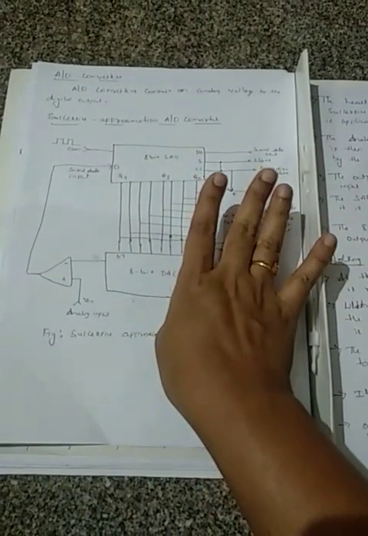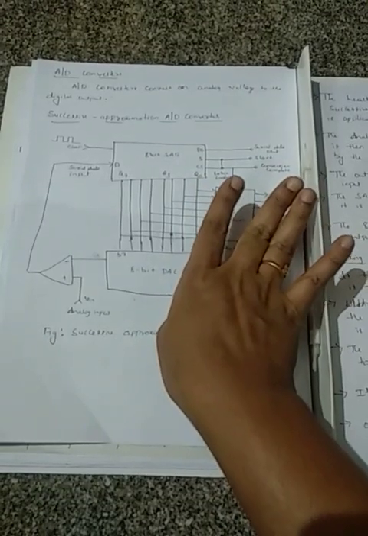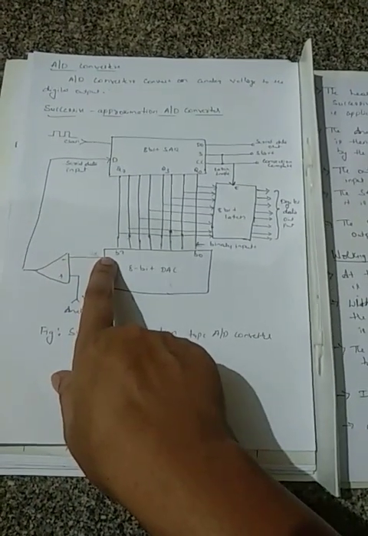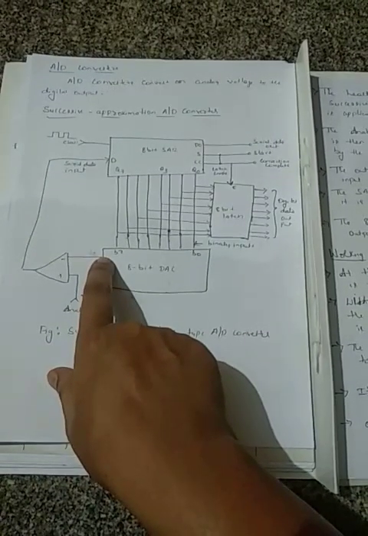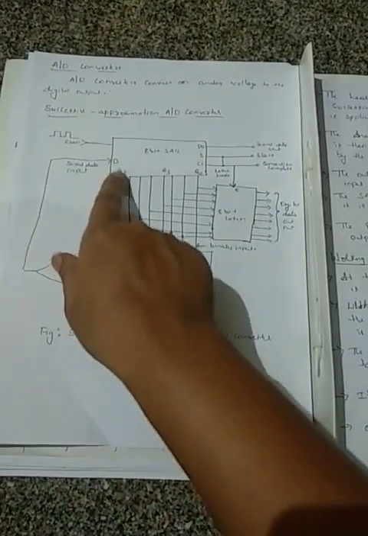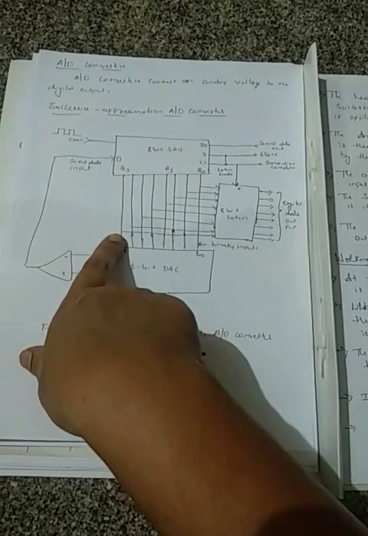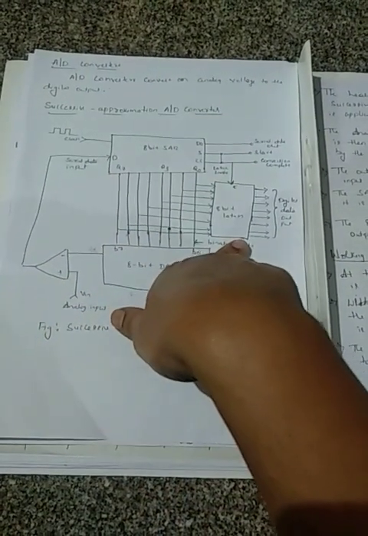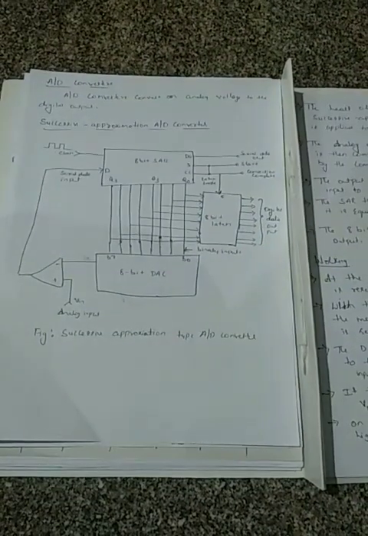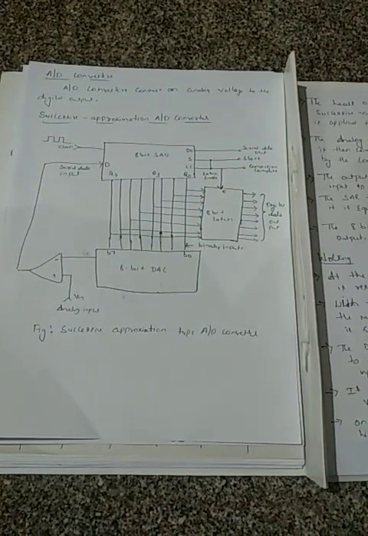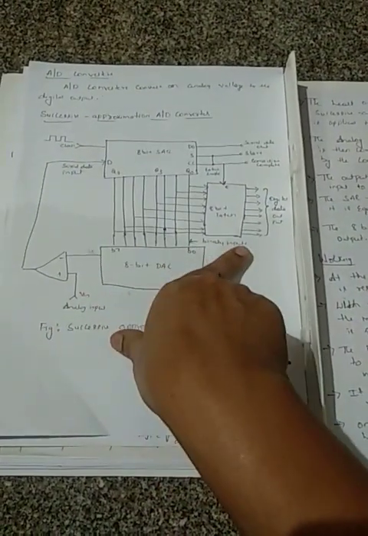That is not valid data. Suppose Vin is greater than the DAC output, then the SAR will keep Q7 high. So 1 is the valid data, and that will be stored in the latch. Otherwise Q7 will be stored as low.